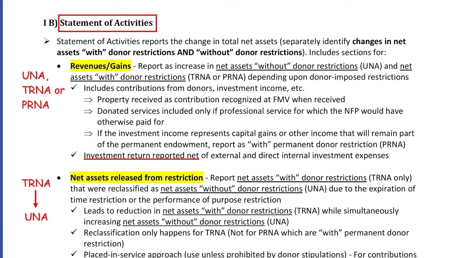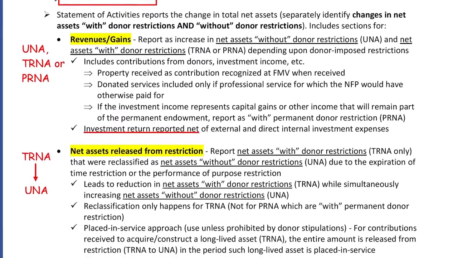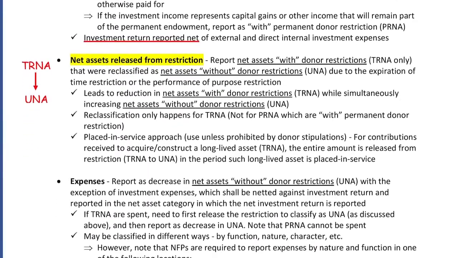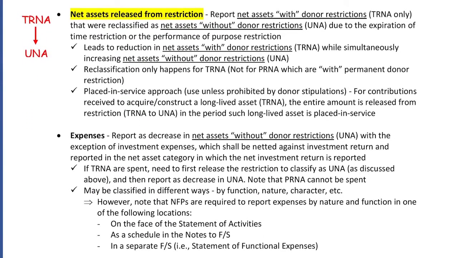And now we are talking about release from restriction. So now they become UNA, unrestricted net assets, or net assets without donor restrictions. And then we've got expenses. And right there, UNA. Because all expenses are reported as a decrease in unrestricted net assets, or basically a decrease in net assets without donor restriction.